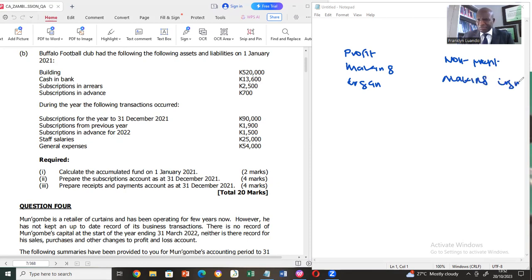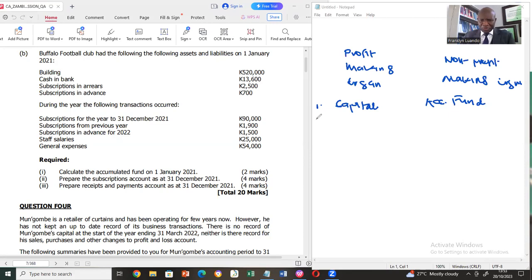Number one, profit-making organizations have capital. For not-for-profit-making organizations, their capital is known as accumulated fund. So accumulated fund is the equivalent to capital.